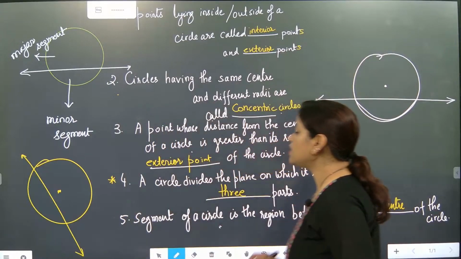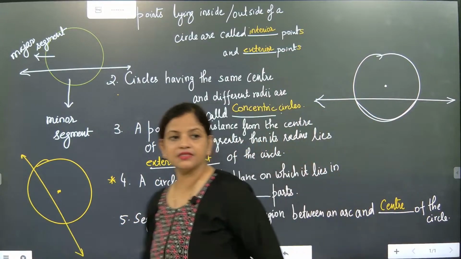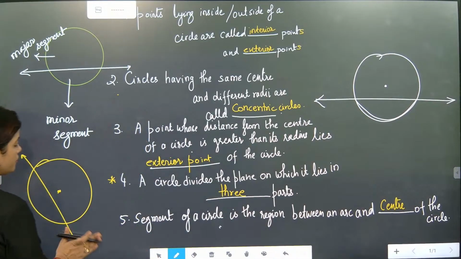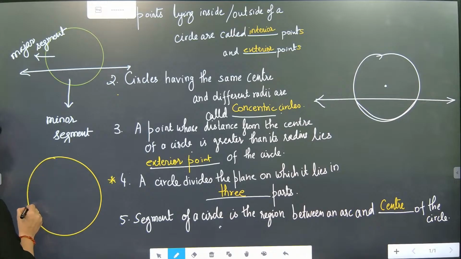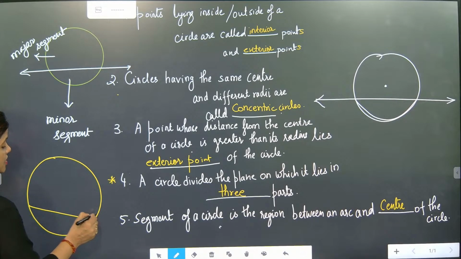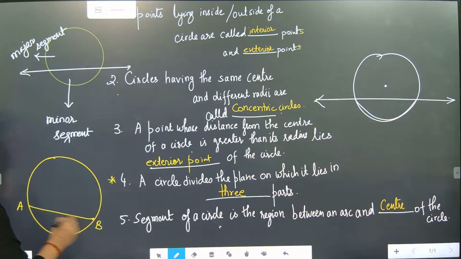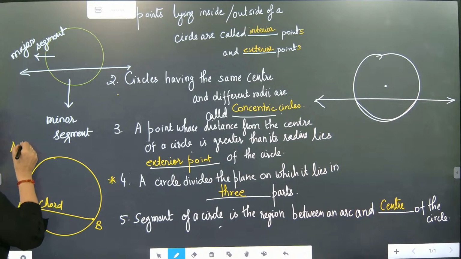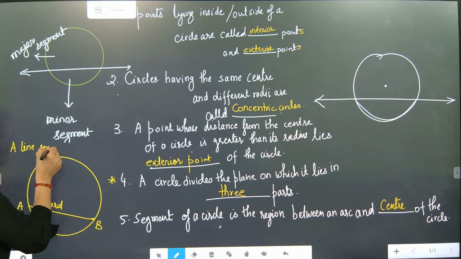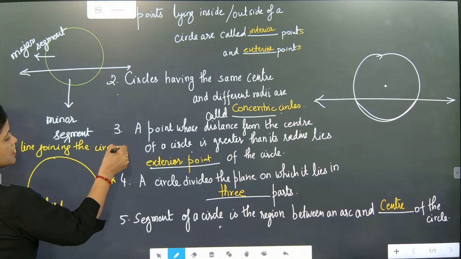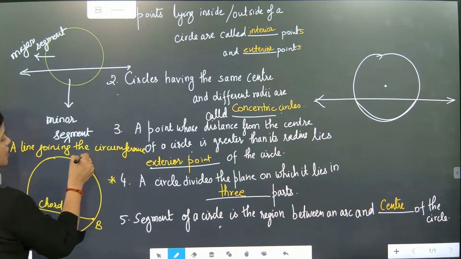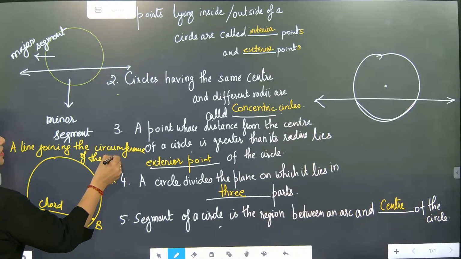Now beta, which is the longest chord of the circle? Dash is the longest chord. First we are going to understand what a chord is. When a circle is drawn, the line segment joining one point on the circumference to another point on the circumference of the circle is called a chord. Understood?